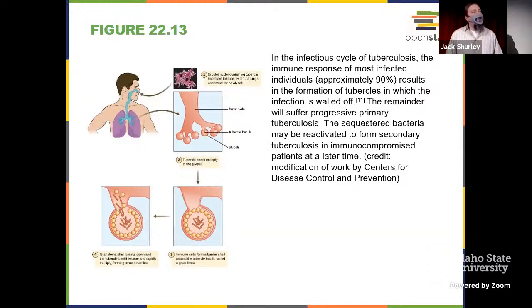But as it gets phagocytized within that vacuole or that vesicle, as it's ready to fuse with the lysosome, there are enzymes that the bacteria is producing that prevent the fusion of the lysosome to the little vesicle that it's within. And now it grows and replicates inside of the macrophage that should be destroying it, filling it up with bacteria, destroying it, and releasing more bacteria out, and the cycle continues that way.